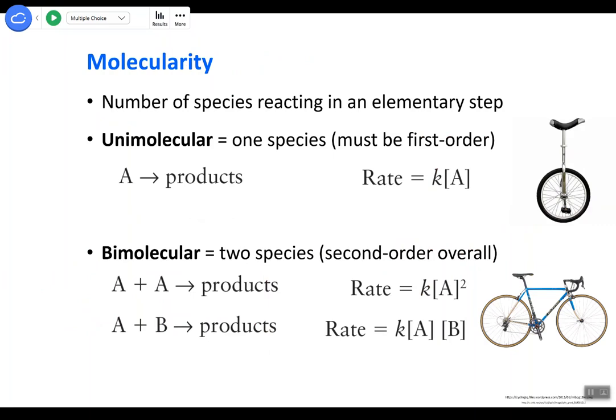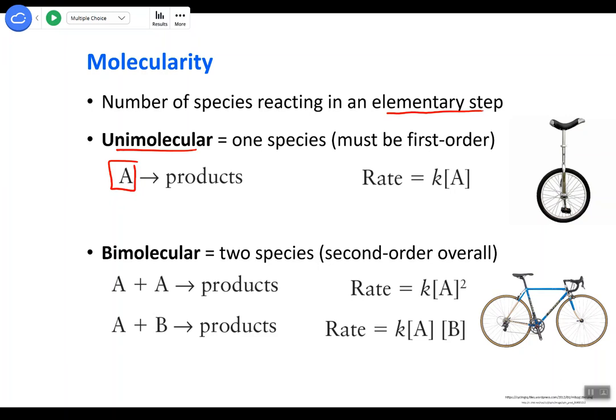Two more terms before we can actually go ahead and look at some reaction mechanisms. One term that we need is unimolecular. A unicycle has one wheel. A unimolecular elementary step has only one reactant.